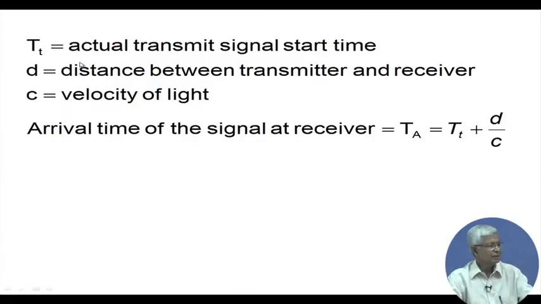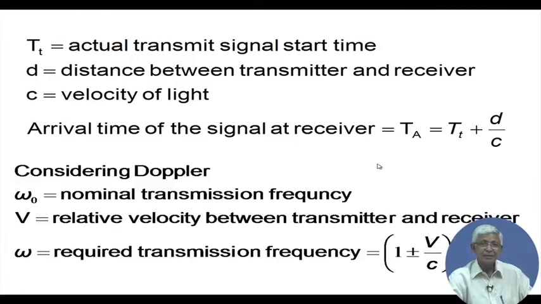So the actual transmit time t_t is when it started the transmission, and the delay is the distance between transmitter and receiver divided by the velocity of light, assuming a constant propagation time. With this it can estimate the time of arrival at the receiver. So the whole thing depends on the delay, as well as of course the transmit time.